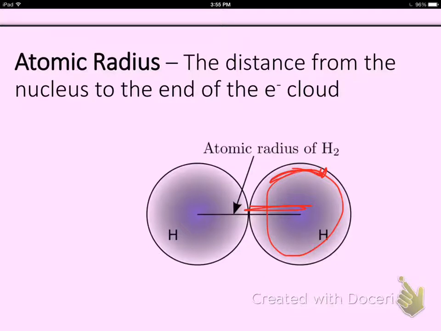But we can identify a pretty good area where the electron cloud ends, and it's the distance between the nucleus and the edge of the atom. If you were to bond two atoms, it would be half of the distance between them. It's just a reflection of the size of the atoms, and we can talk about their relative sizes.